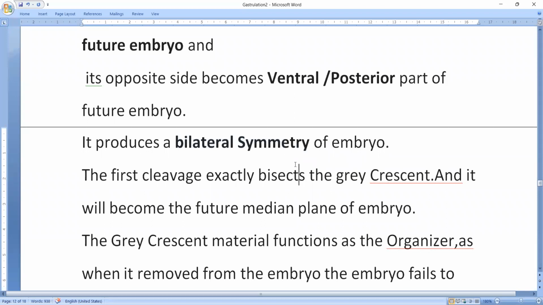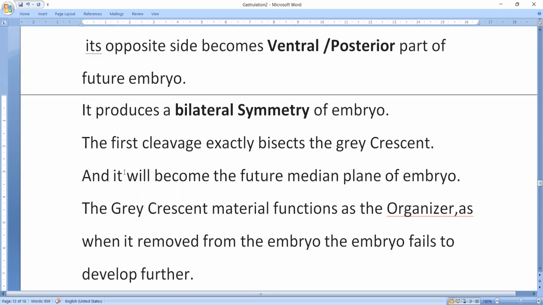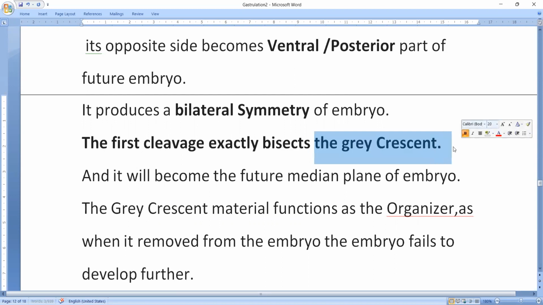The newly formed blastomeres are arranged in a bilateral fashion. Remember, the first cleavage exactly bisects the gray crescent, and it will become the future median plane of the embryo.